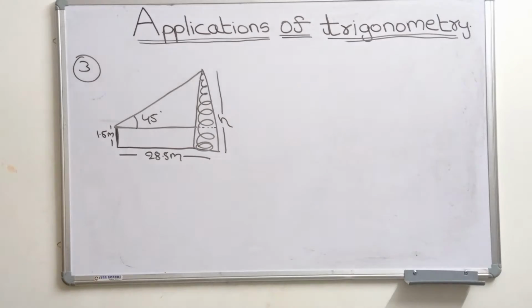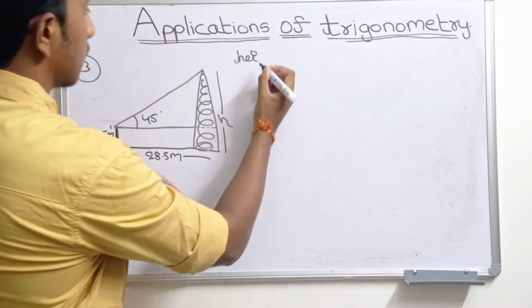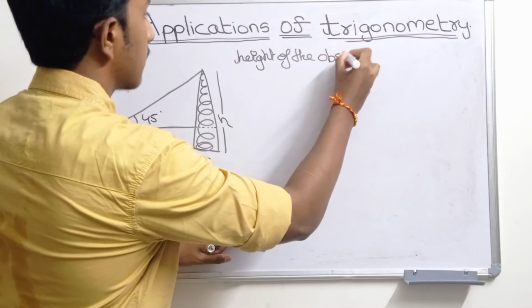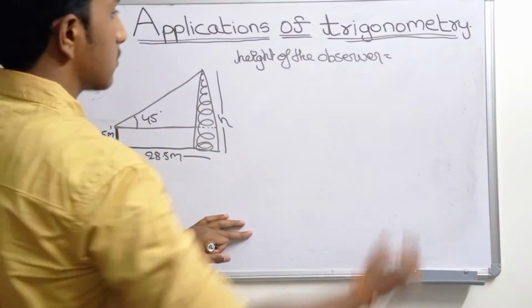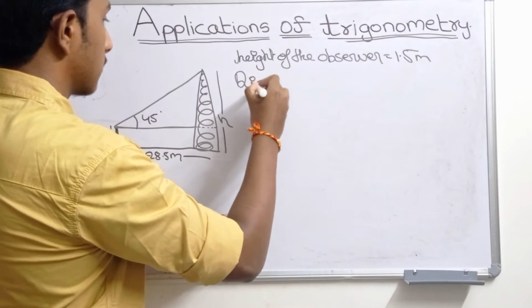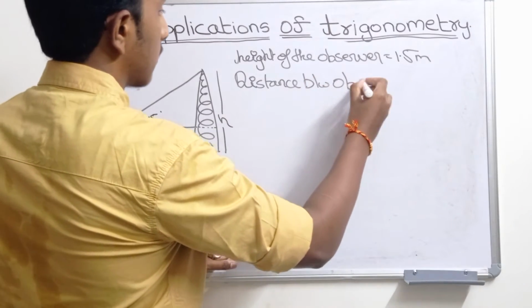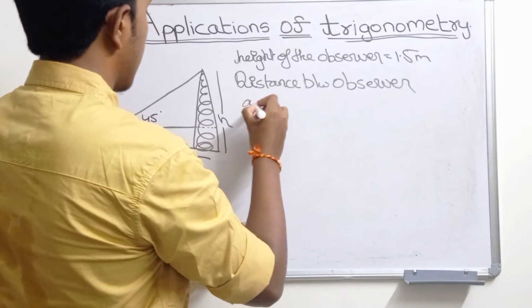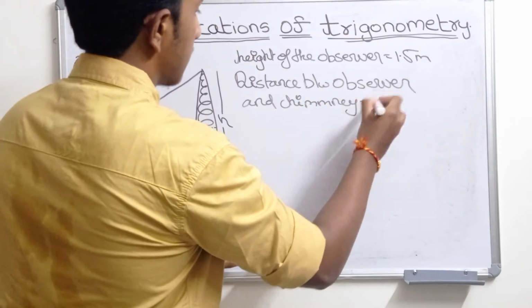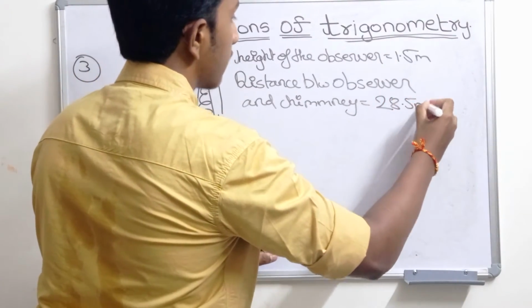Okay guys, shall we start? First I'll write the given data. Height of the observer is equal to 1.5 meters.